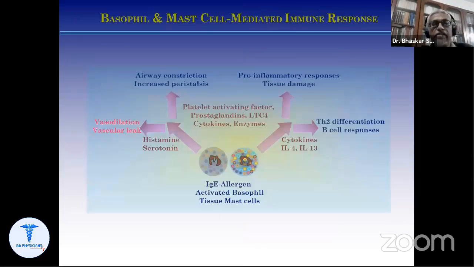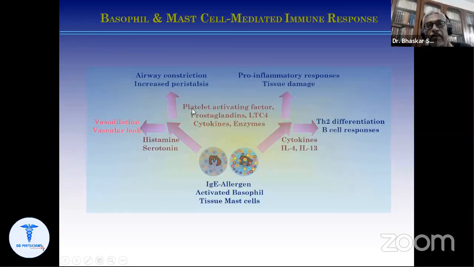And I'll skip this, and we'll see that these basophils or the tissue mast cells perform many different functions by secreting histamine and serotonin that cause vasodilation or vascular leak, and at the same time cause airway constriction and increased peristalsis.